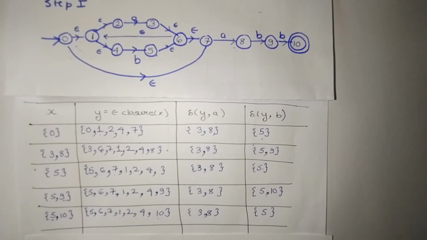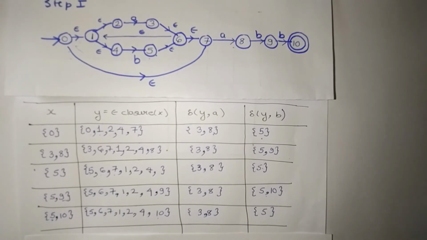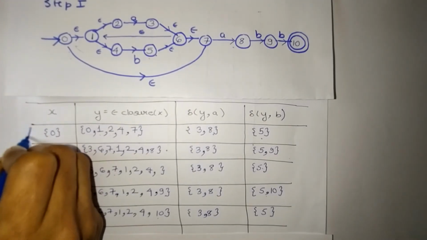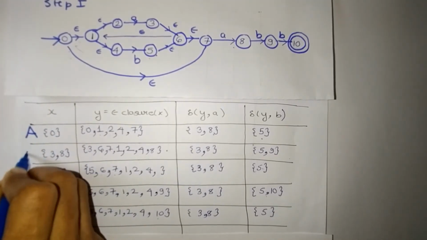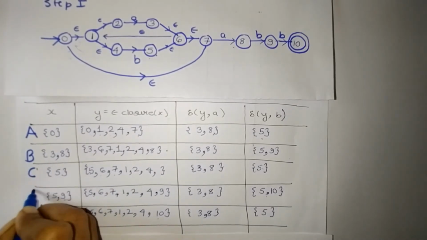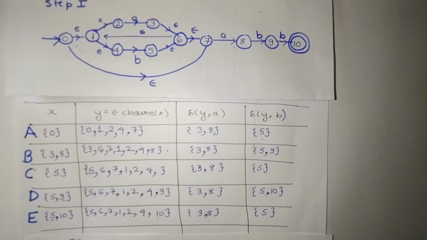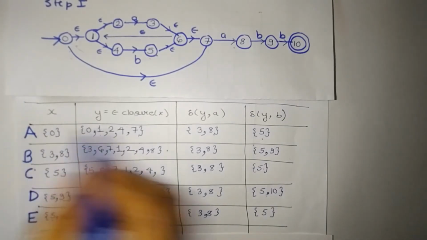Then the next step is that you have to rename the states. For simplicity, I am renaming the whole thing. This is a very important step. Now I am renaming the states as A, B, C, D and E. Then you have to copy these states here.